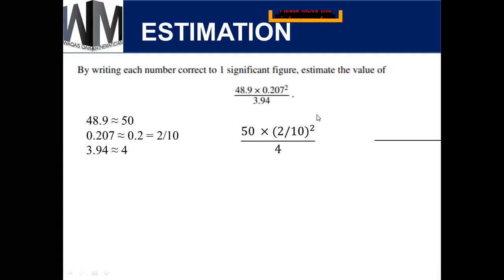4, right? So the entire expression becomes 50 into (2 by 10) squared over 4. Now (2 by 10) squared will be equal to 4 over 100. So the expression becomes 50 into 4 divided by 4 into 100.